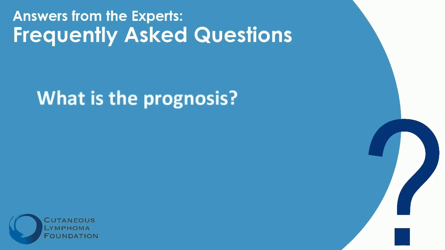What is the prognosis for pagetoid reticulosis? Pagetoid reticulosis is a subtype of MF that has a very good prognosis. Since it is localized and most of the time only presents as one lesion, it is generally considered an early stage form of MF. Uncommonly, there have been reports of conventional MF that have developed after the diagnosis of pagetoid reticulosis, but I would say that is the exception and not the rule.